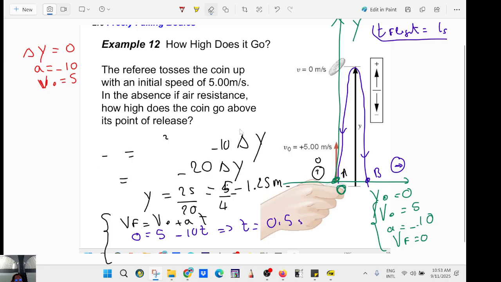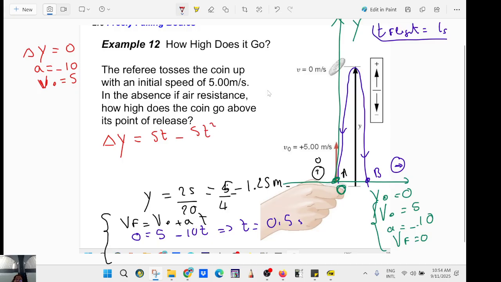So let's see what's going to happen if I use the kinematic equation. So I can do delta y equals initial velocity 5t minus 5t squared. Do you agree? So your motion is always between when you start your stopwatch and when you stop it. Okay, it's up to you. So the displacement is 0. So this is going to be 0 equals 5t minus 5t squared.